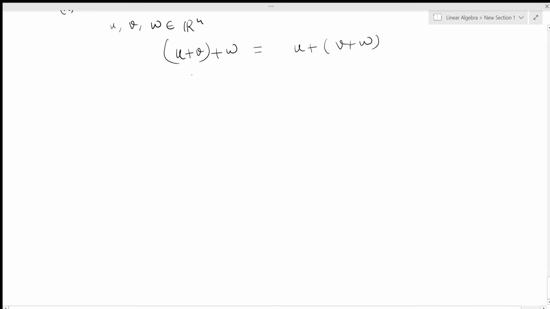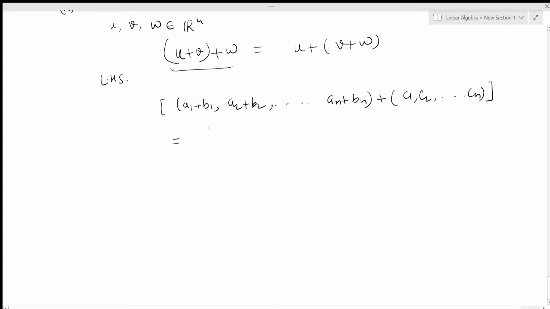So let's start with the left hand side, that is u plus v. So first of all we have to find this. This is (a1 plus b1, a2 plus b2, and so on, an plus bn). This plus w, where w is some (c1, c2, and so on, cn).